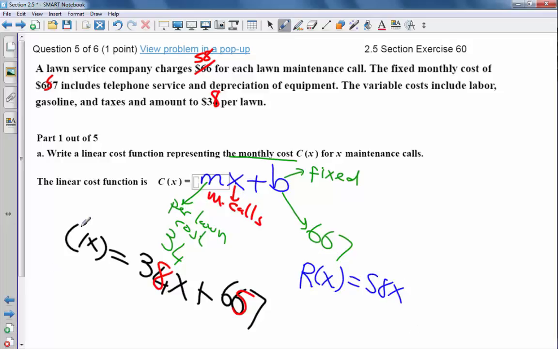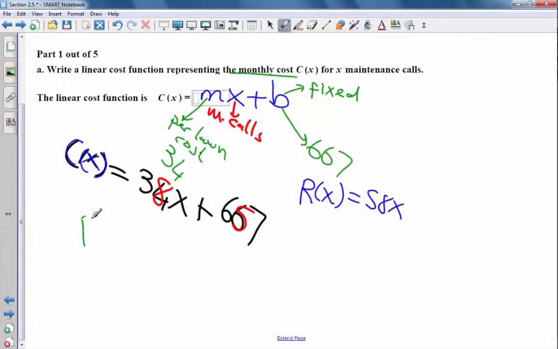This is my cost, right? How do I get the profit? This is how much to run this business cost me, and this is how much I made after the first month. Profit will be their difference, right? P of X is C of X minus R of X, right?